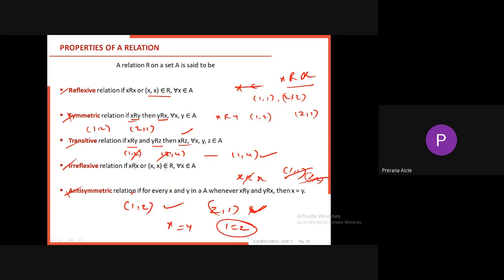It is possible only when we have (1,1), where 1 equals 1. So for (1,1), (2,2), (3,3) it is possible. So antisymmetric means if x is related with y, then y should not be related with x. If that property is followed, we say the relation is antisymmetric.